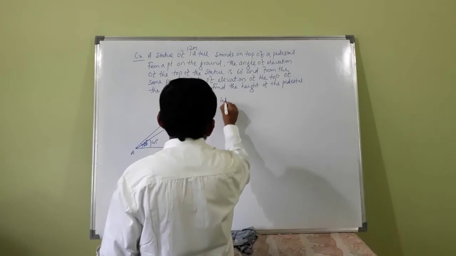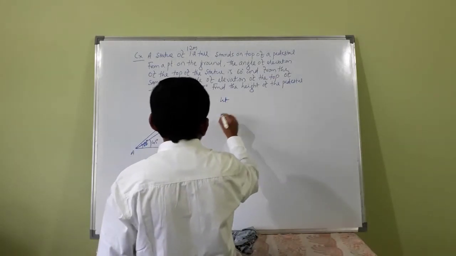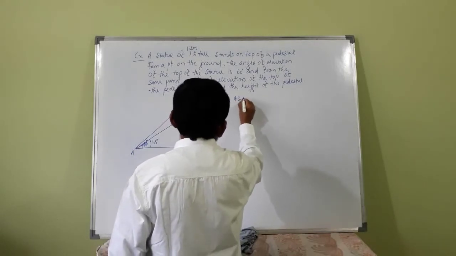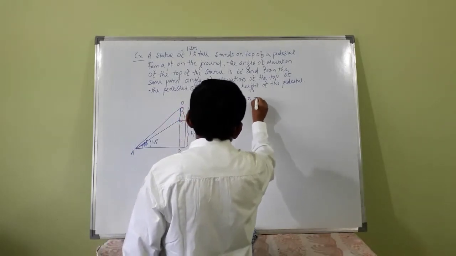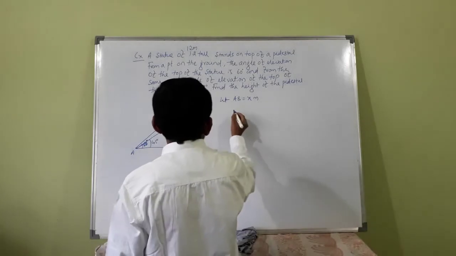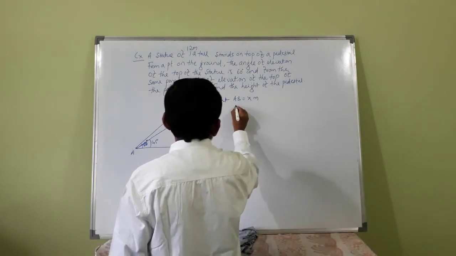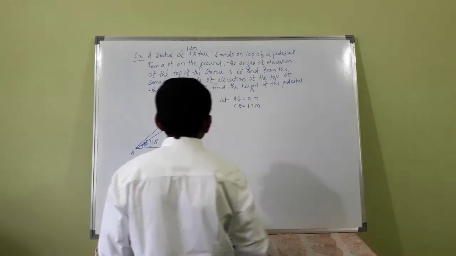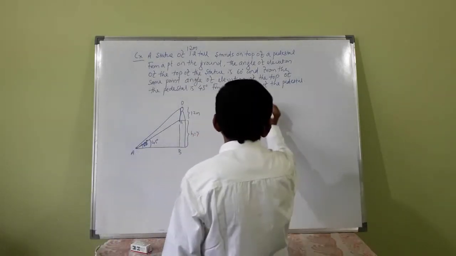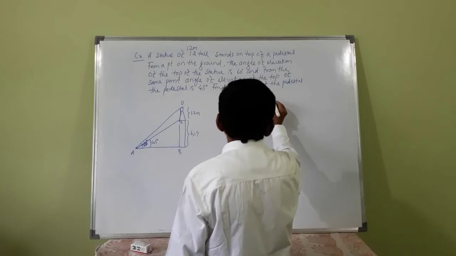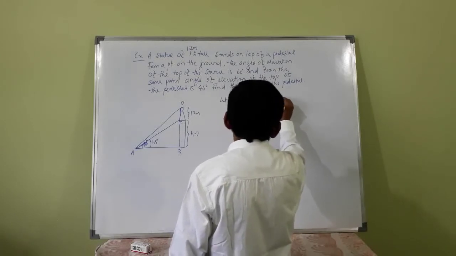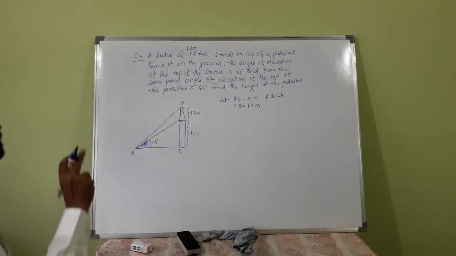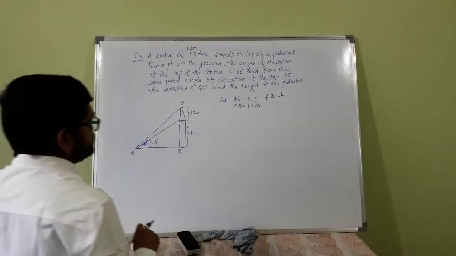Let AB be x meters, CD is 1.2 meters given, and BC is the height of the pedestal, h.